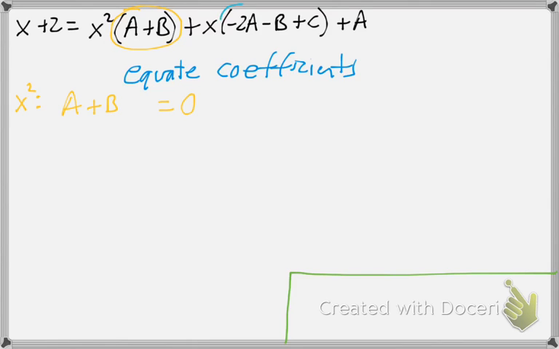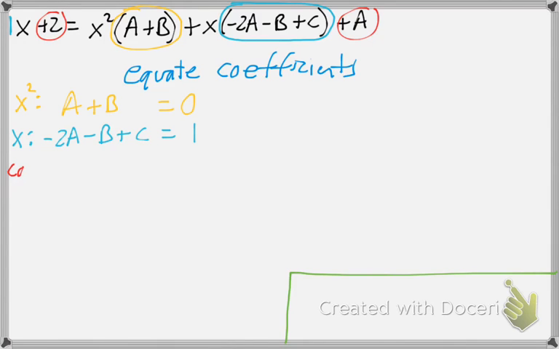I have a negative 2a minus b plus c multiplied by an x on the right, and I have an implied 1 being multiplied by an x on the left. So for my x equation, it's going to be negative 2a minus b plus c is equal to 1. And then I have an a on the right, and I have a 2 on the left. So my constant is going to be a is equal to 2.